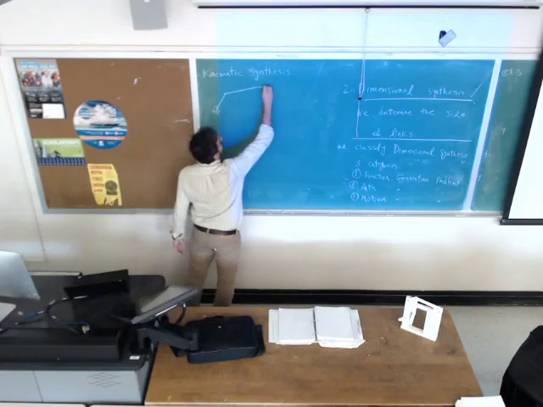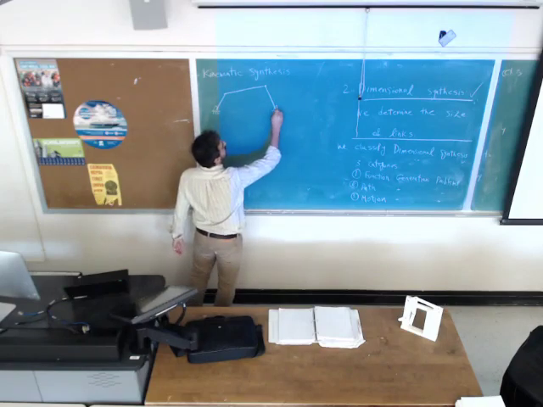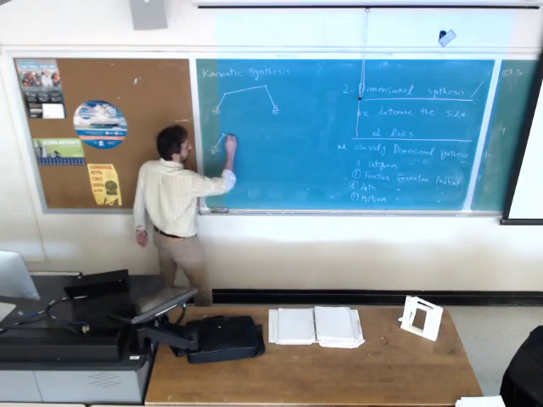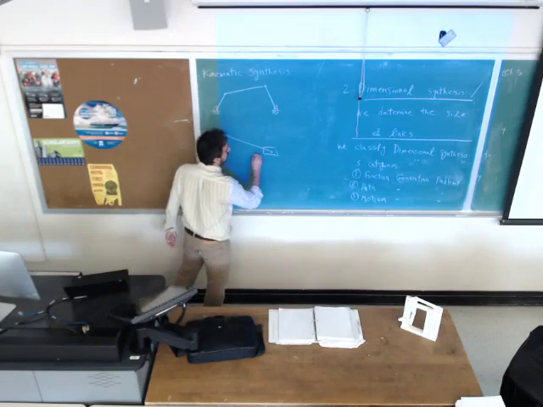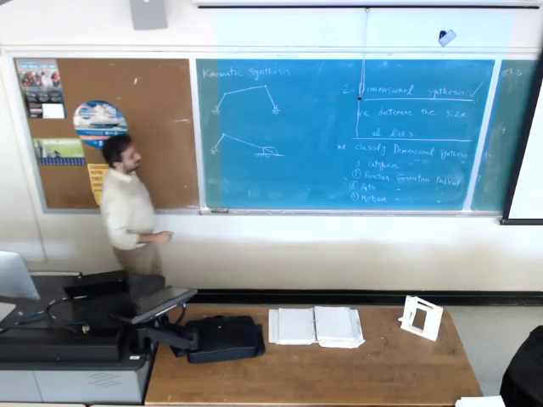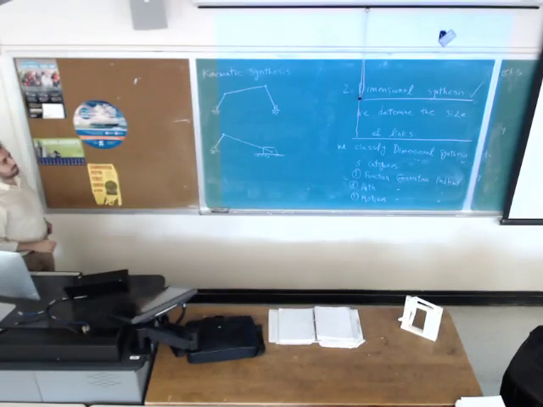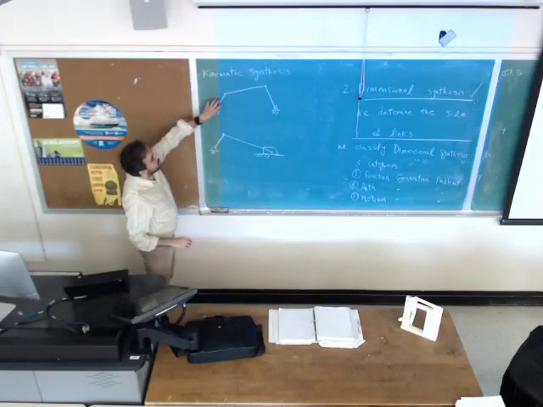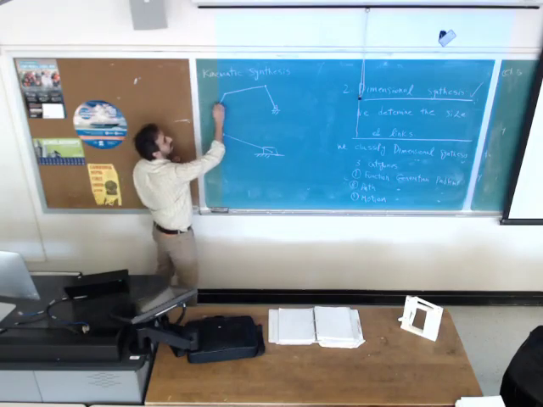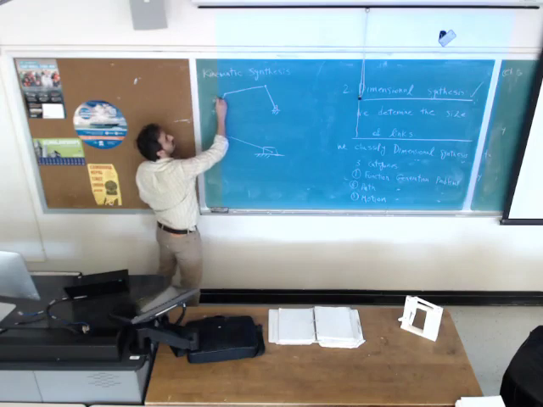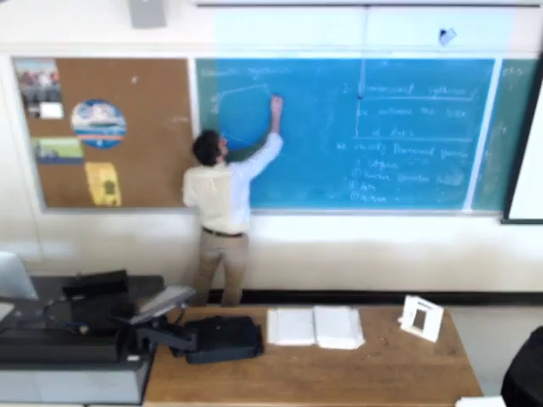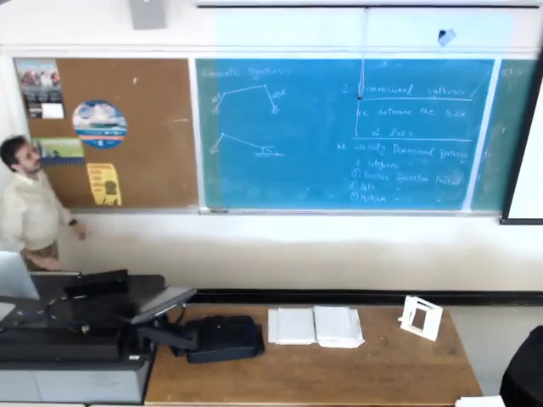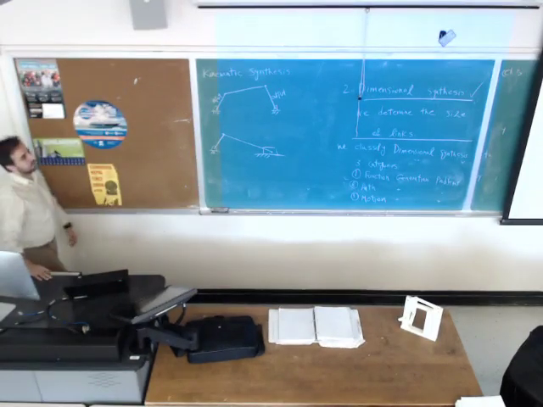figures. Consider this 4-bar mechanism for this slider crank with no offset. If you remember, I said usually the input link is going to be this guy, and the output link is link number 4.